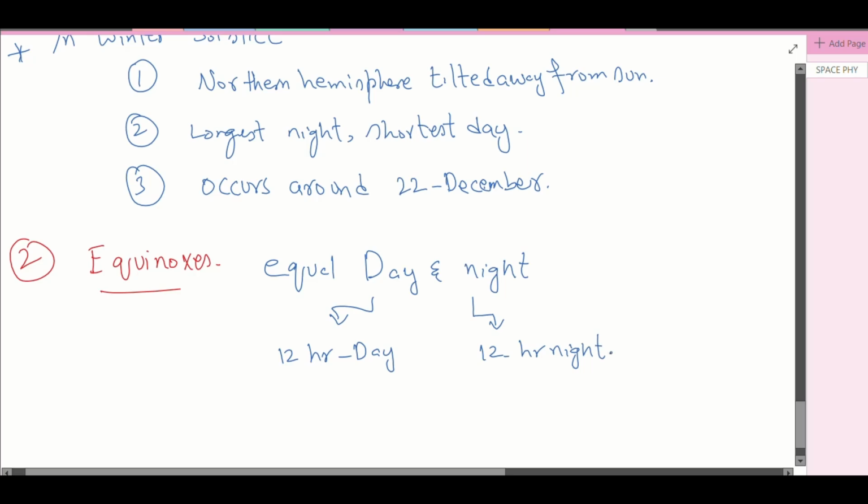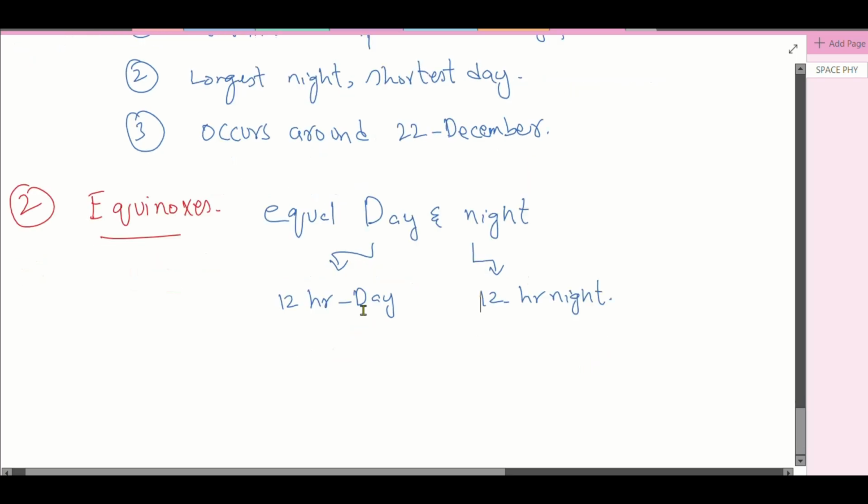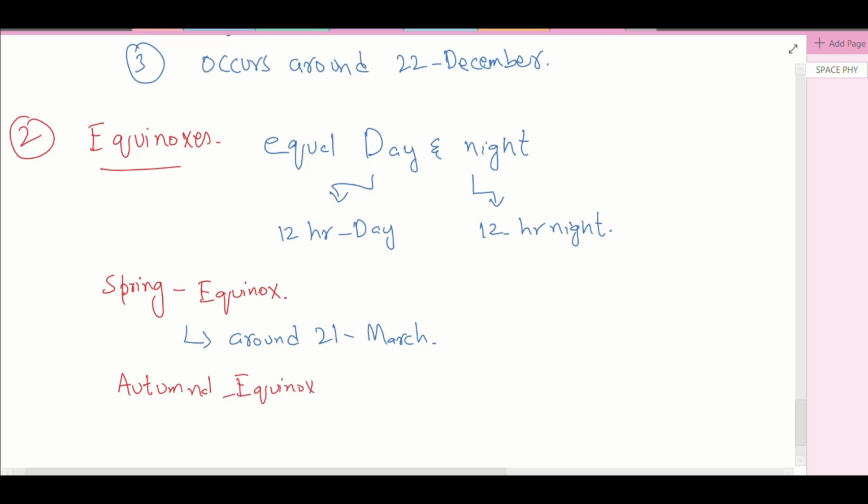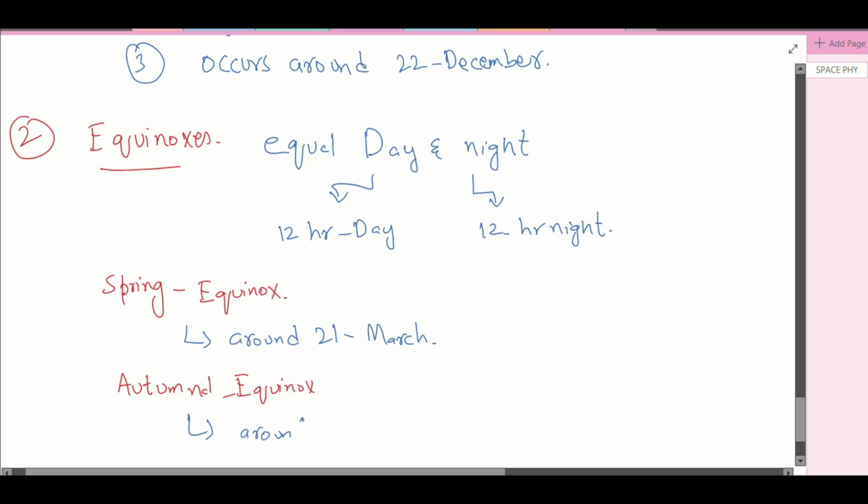We get two such equinoxes in a year. The first one is the spring equinox, which happens around 21st March, and the second one is the autumnal equinox. It happens around 23rd September.